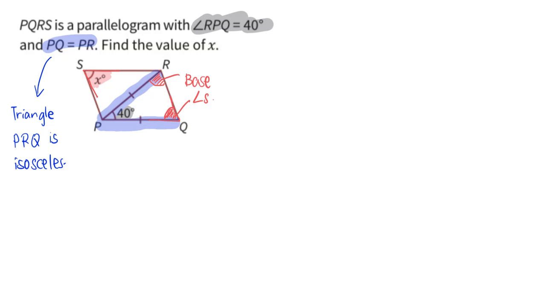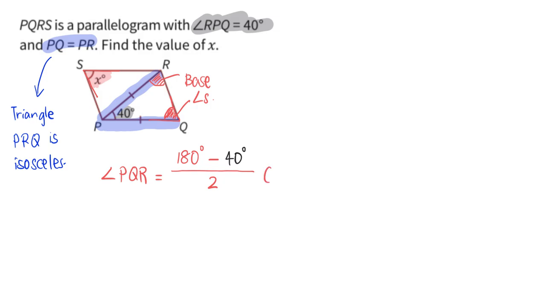Okay? So therefore, angle PQR, which is equal to angle PRQ, is simply 180 degrees minus 40 degrees, and I'm going to divide by 2 because the base angles are equal to each other.